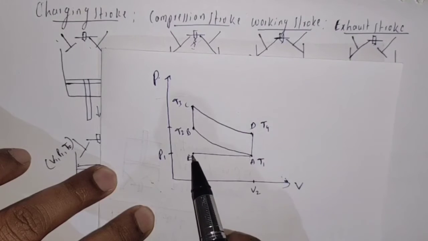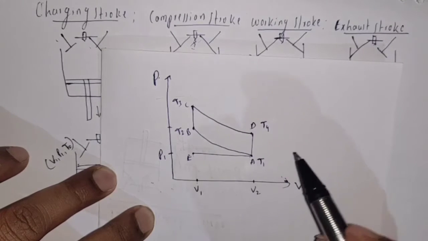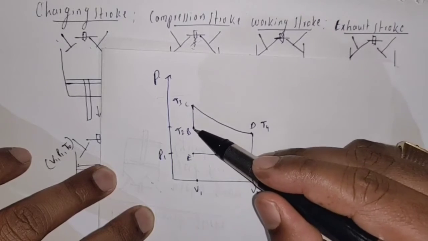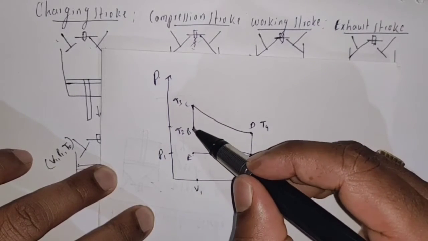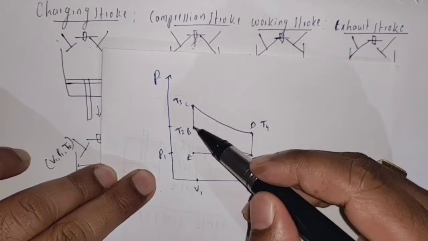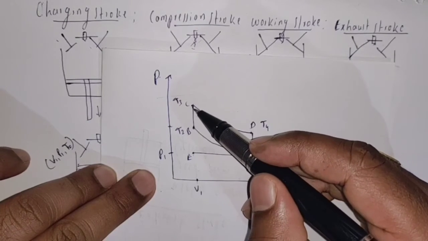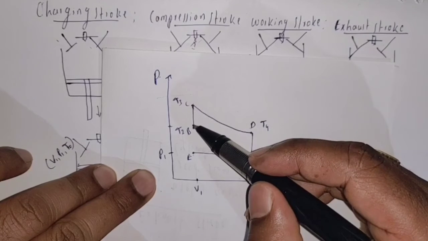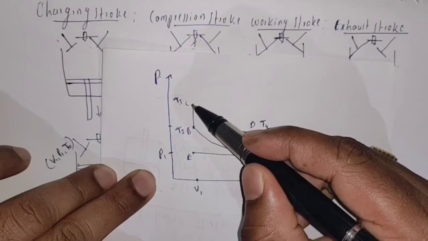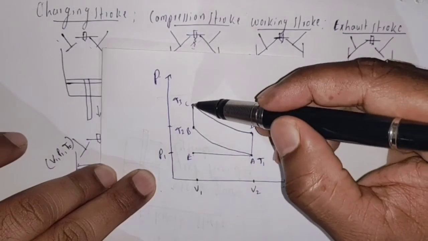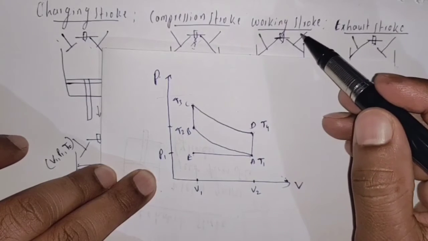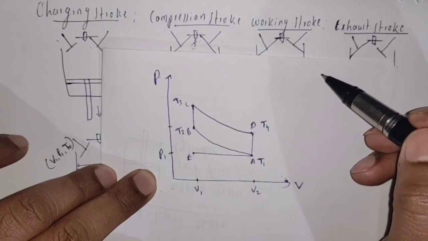In the PV diagram, EA represents the charging stroke and AB represents the adiabatic compression. At the end of the compression stroke a combustion is produced, and because of this there is a sudden increase in temperature and pressure in the system, and BC represents the combustion. CD represents the adiabatic expansion, that is, in the working stroke the piston moves in the downward direction.